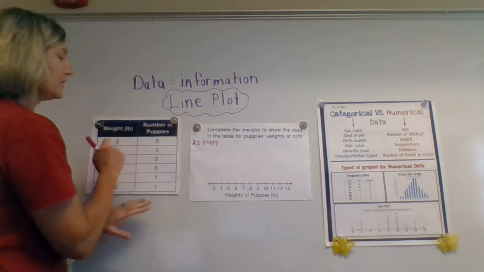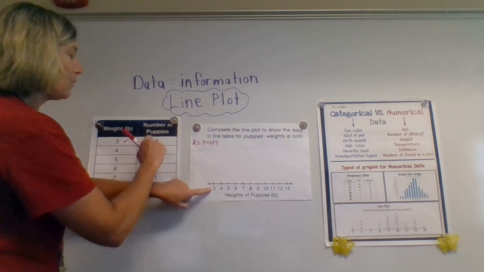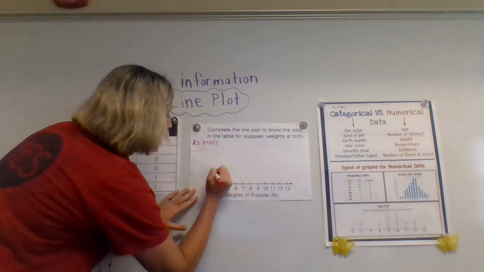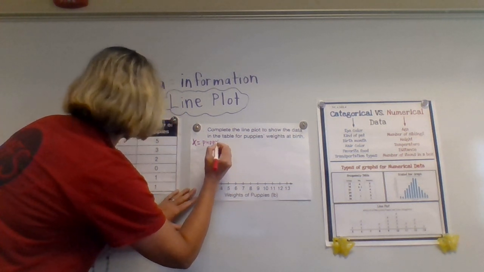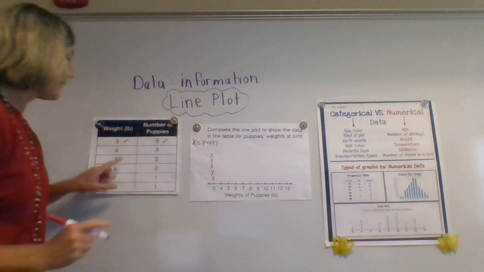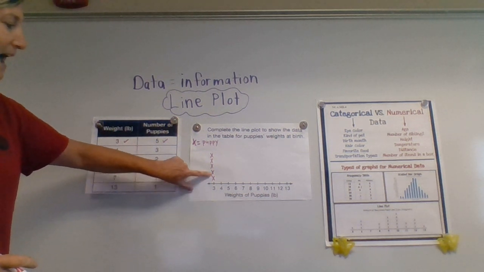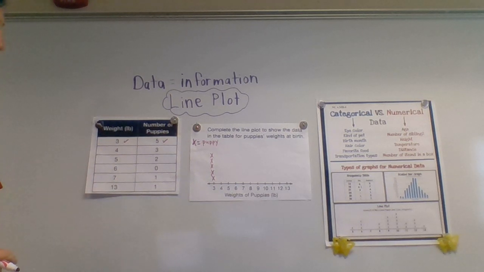So let's look over here at 3. We're going to check off that we're going to do 3, and we're going to put 5 X's because 5 puppies weighed 3 pounds. So I have 5 X's on top of my 3 pounds, okay?